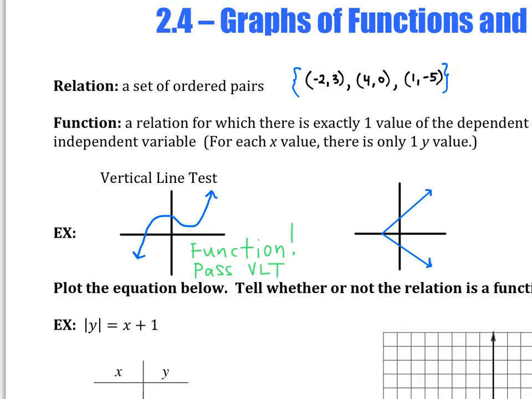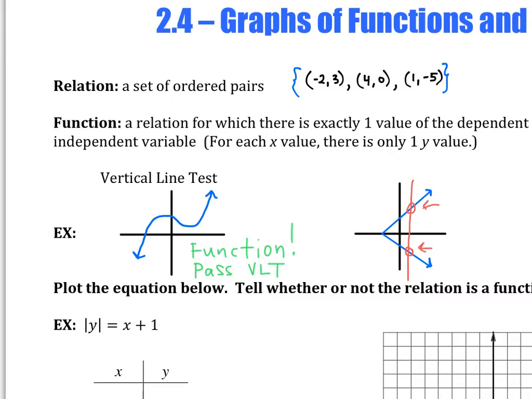Okay, now if we take a look at this next example over here, okay, what do we notice about this right here? If I draw in a vertical line, I am passing that in multiple places. So that red line represents one single x value, okay, but it has two y values in return.